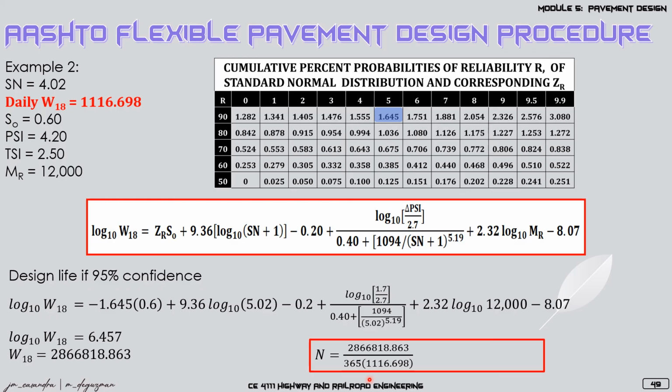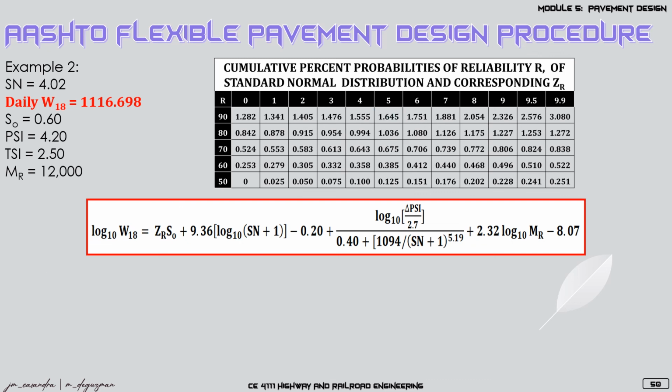In this case, we will be able to compute the design life equal to 7.03 years, or approximately 7 years. Okay? So that is the design life at 95% confidence.